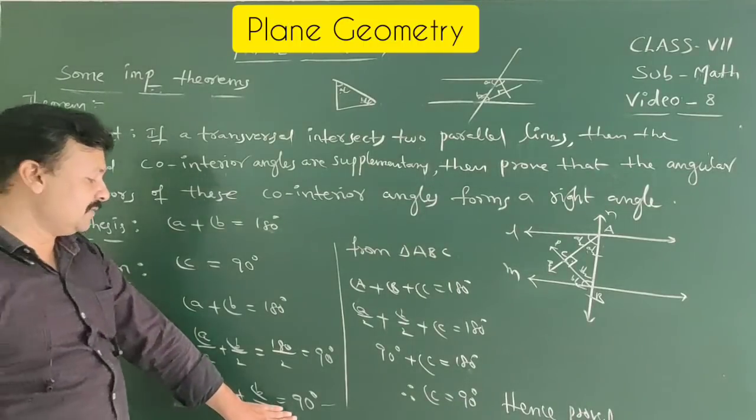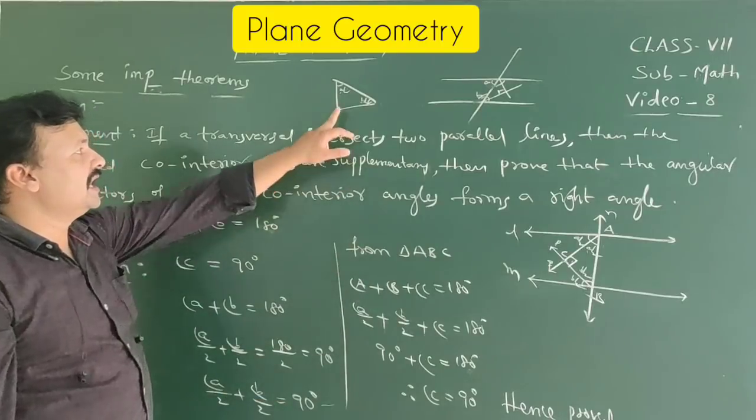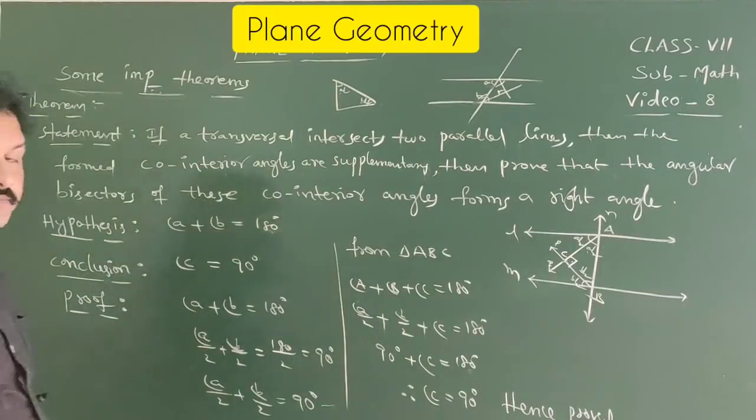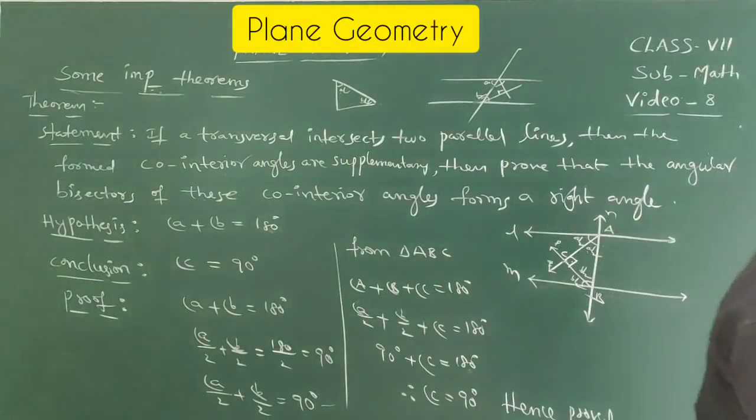With the help of this statement, we can prove the remaining angle also measures 90 degrees. Because in a triangle, if the sum of two angles is 90, definitely the third angle will be 90 degrees. So angle C is 90 degrees.